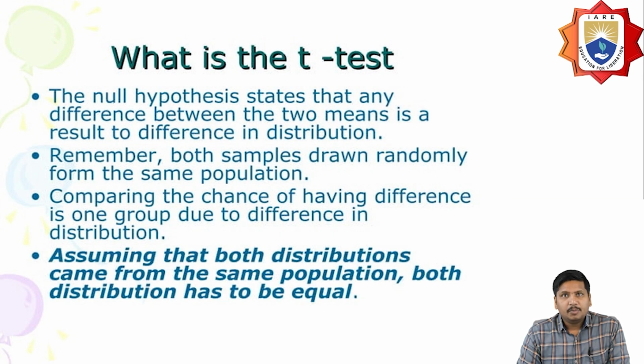The null hypothesis states that if there is any significant difference between the two means, that should result in different distributions. Remember that both samples are drawn from the same population, and we are comparing the chance of having a difference in one group due to the difference in distribution.